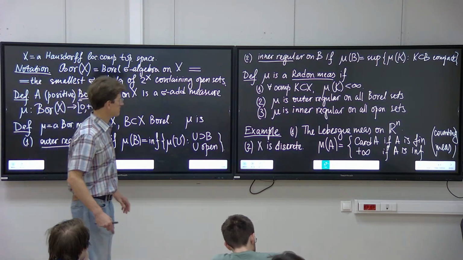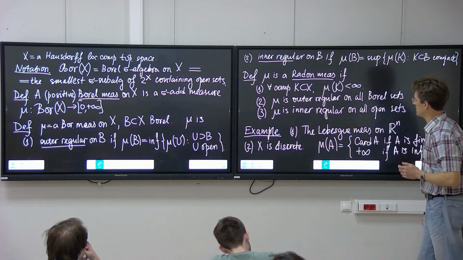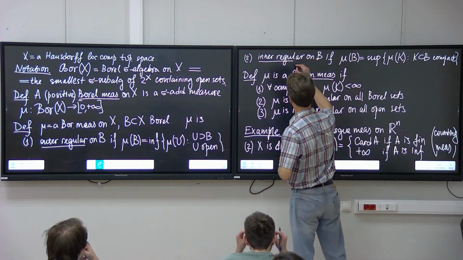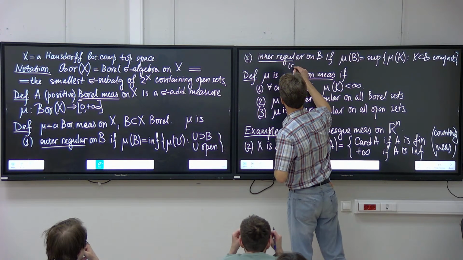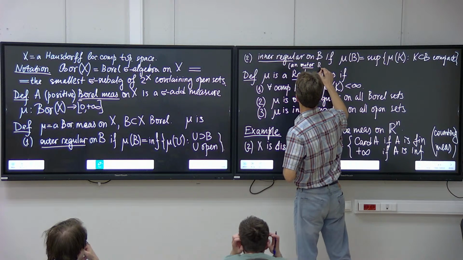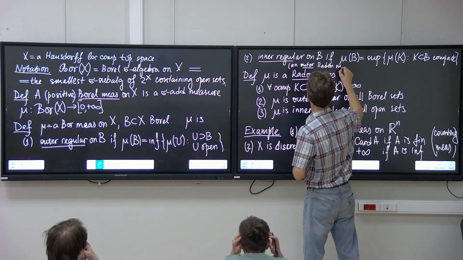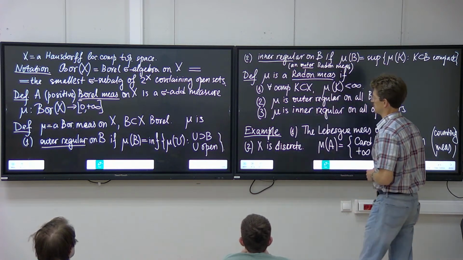In fact, this definition defines an object which is, strictly speaking, an outer Radon measure. And there is also a dual notion of an inner Radon measure.